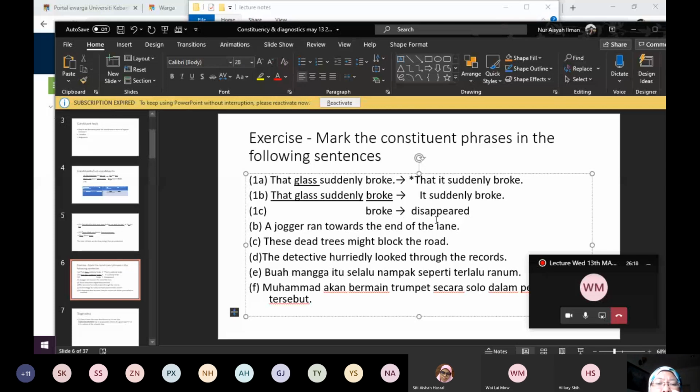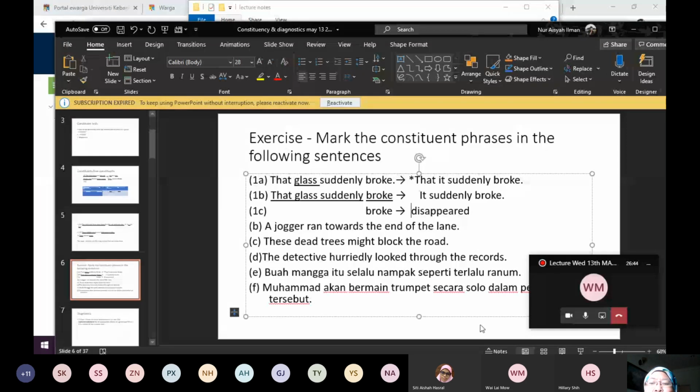All right. So, do you want to try doing B, let's say? What are the constituents in B? Some of you can do B, and some can do C, and then we can discuss after that.